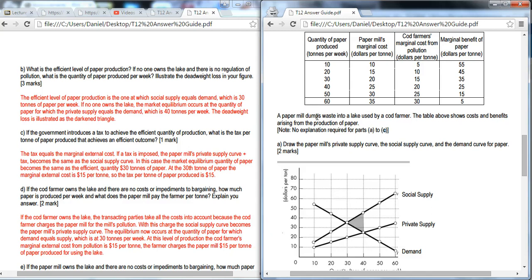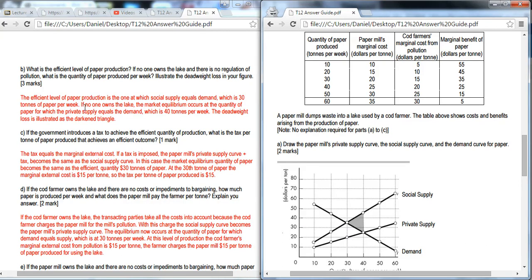In that case, the efficient level of paper production is where the social supply curve equals the demand curve. In other words, the marginal social benefit equals the marginal social cost. Here's the social supply curve and here's the demand curve, so that's at this point here, a quantity of 30 tons of paper a week. And it looks like at $35 per ton, something like that.